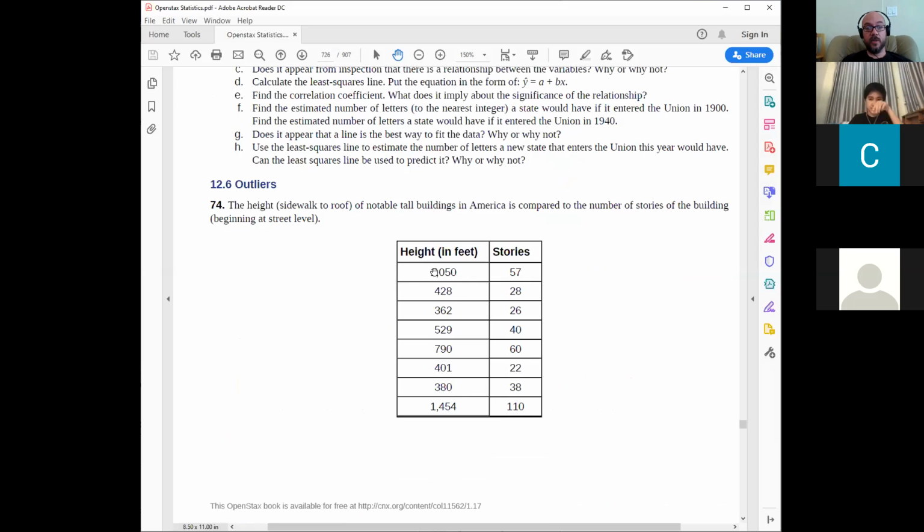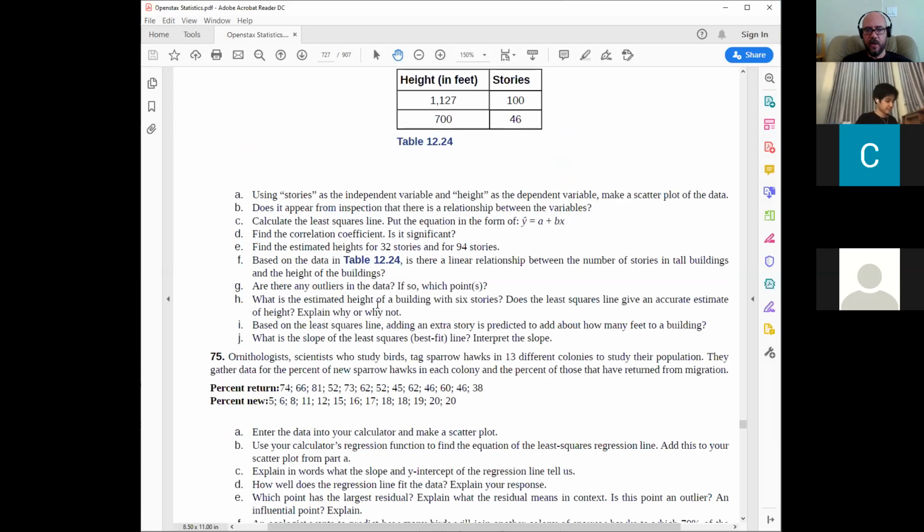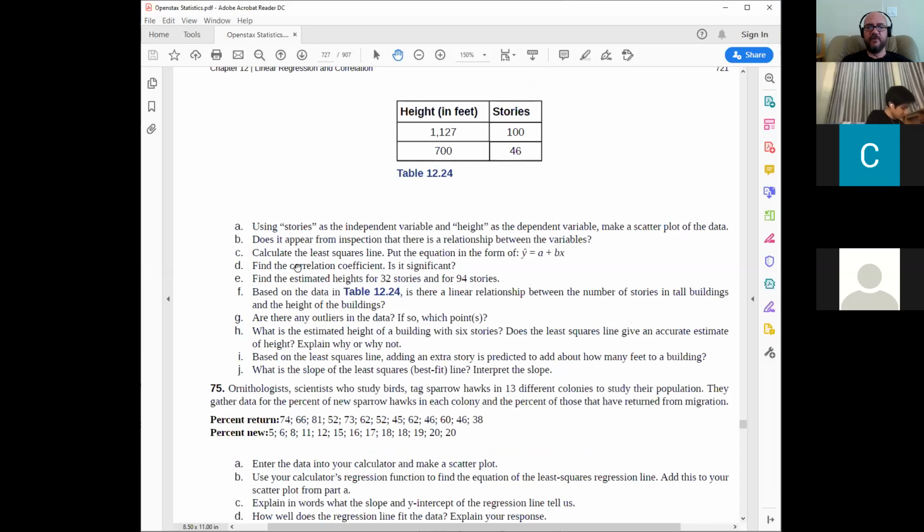Anyway, here we've got the height and the number of stories. Certainly it seems like these things would be related, right? The number of stories in the building and how tall it is. So hopefully they come out that way. You wanted to ask about question F: based on the data, is there a linear relationship between the number of stories in tall buildings and the height of the buildings?